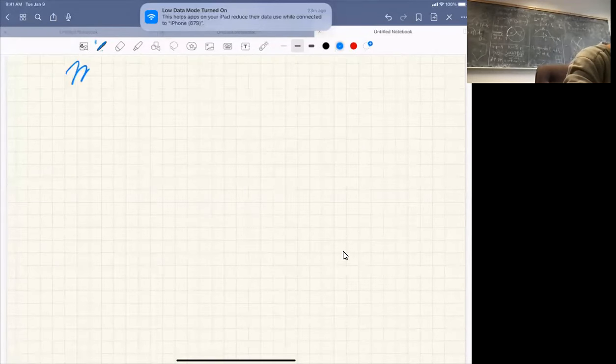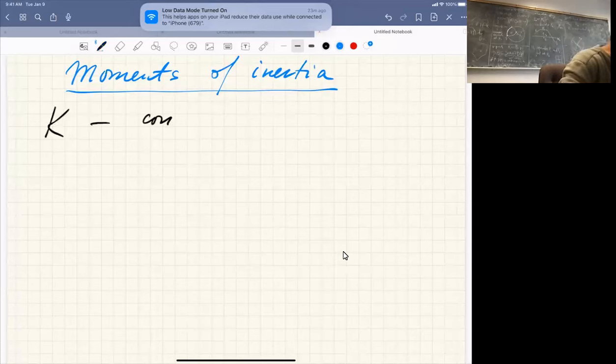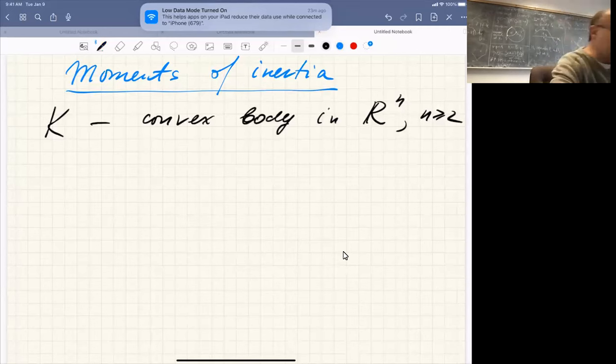So moments of inertia, first of all. Let's define them in general case, not necessarily for central sections of the body, but assume that K is a convex body in R^n. Now, you don't care if it's symmetric or non-symmetric.